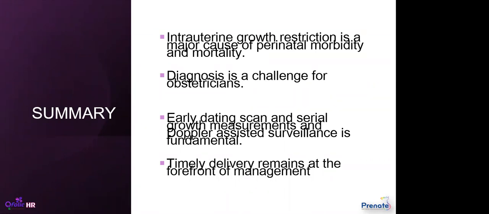If the umbilical arteries are badly affected, then we should not take the chance of delivering these babies by normal delivery.